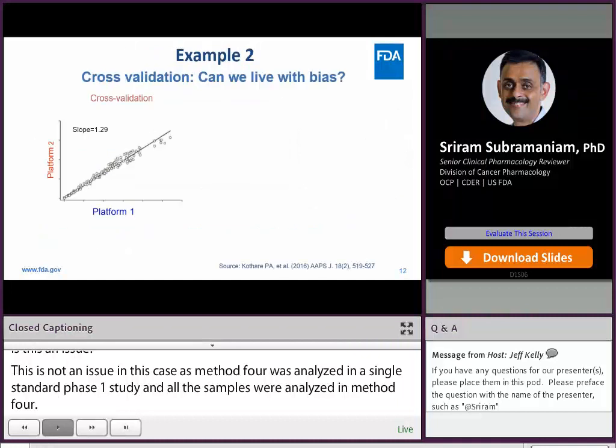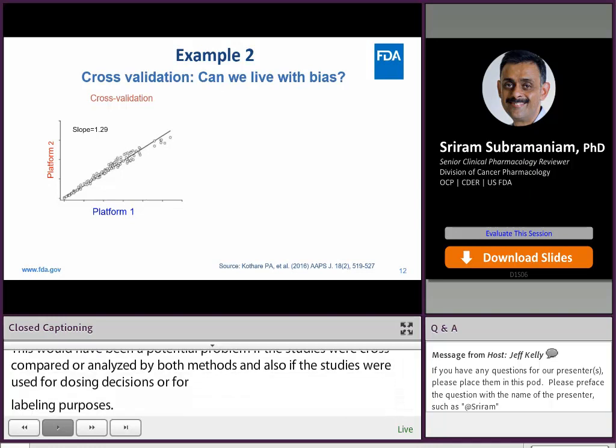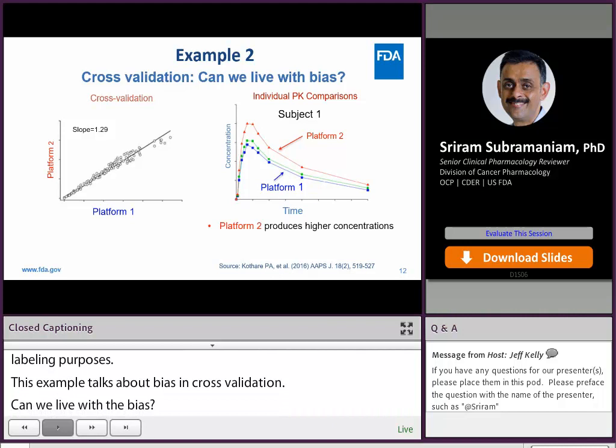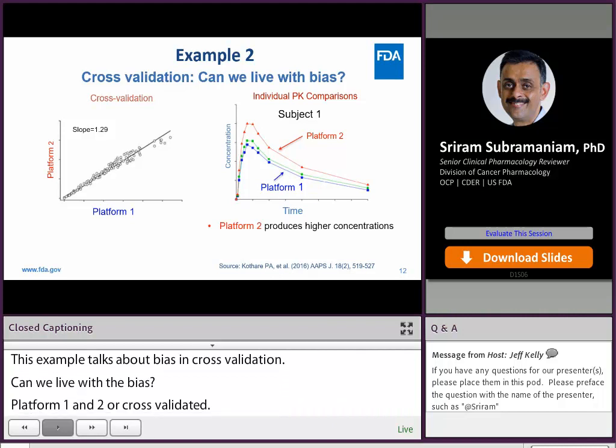So this example talks about bias in cross-validation. Can we live with bias? Here, platform 1 and platform 2 were cross-validated as indicated in this figure. However, comparison of the subject concentrations reveals that the platform 2 concentrations are higher compared to platform number 1.